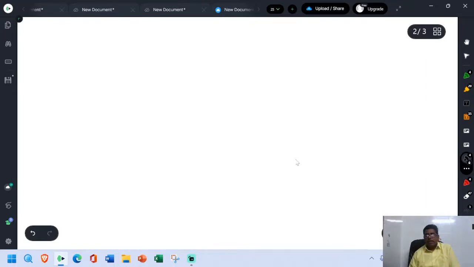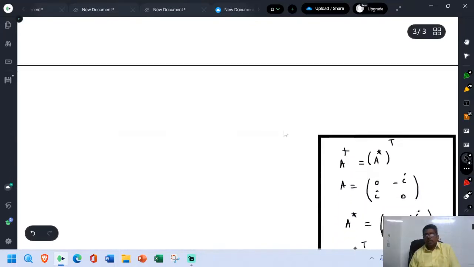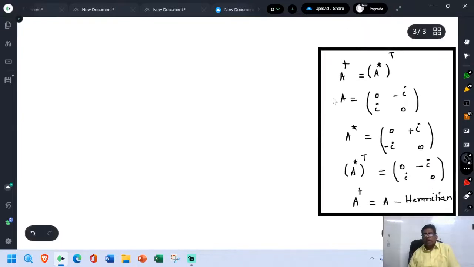For that, A dagger means the conjugate transpose, equal to A star transpose. The matrix A is 0, minus i, 0. A star means we just change the sign of i: minus i is changed into plus i, and plus i is changed into minus i. That is the complex conjugate.